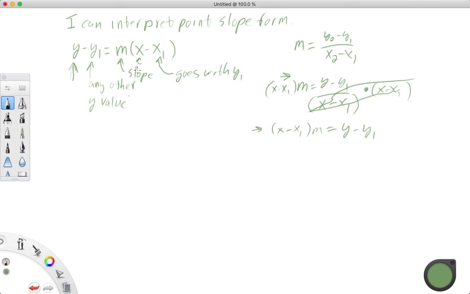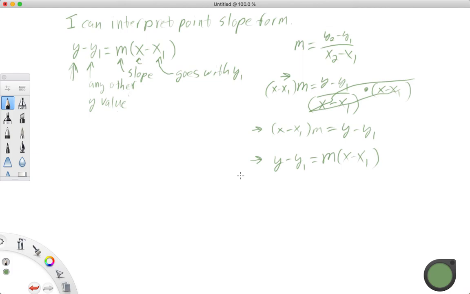And then if we want to get it into this, we're not really changing this at all. We're going to use the commutative property and move the m to the front and just look at the different sides of the equation first. So y minus y1 equals m times x minus x1. Okay, so it's the same thing, we just wrote it in a different order. And that's where that comes from, it's from the slope.